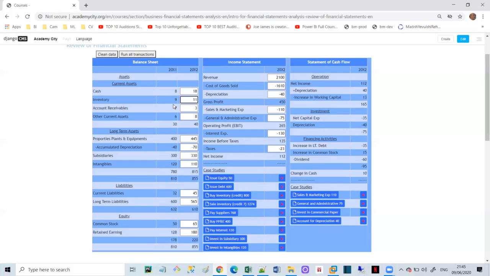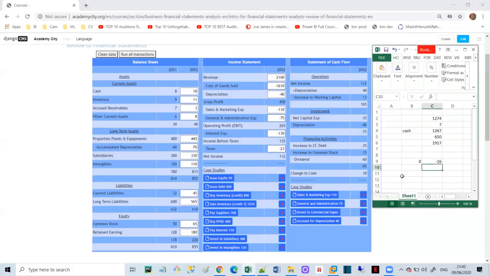Why? Because what really happened here? We increased the inventory by 2, and we sold inventory of 1610. So if I take the 2 and add it to what I sold, that's the amount of inventory I've acquired. Let's do it again in Excel. How much inventory did I buy this year?